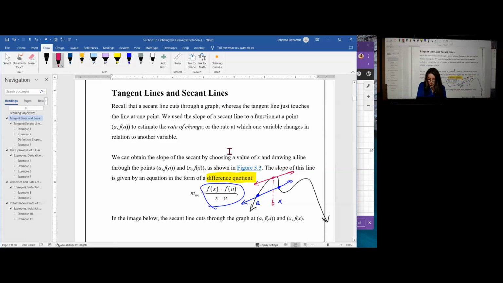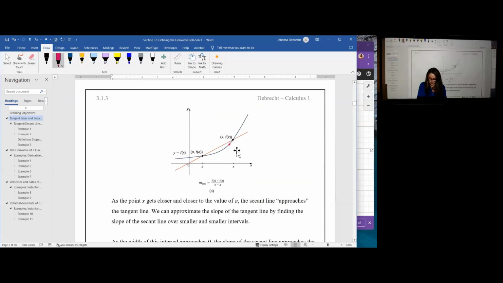Let's take a look at another image that's larger so I can write a little bit more on it. When we're looking at this, you'll again see that we have a secant line through a, f of a and x, f of x. The line connecting these two has a slope given by the difference quotient.